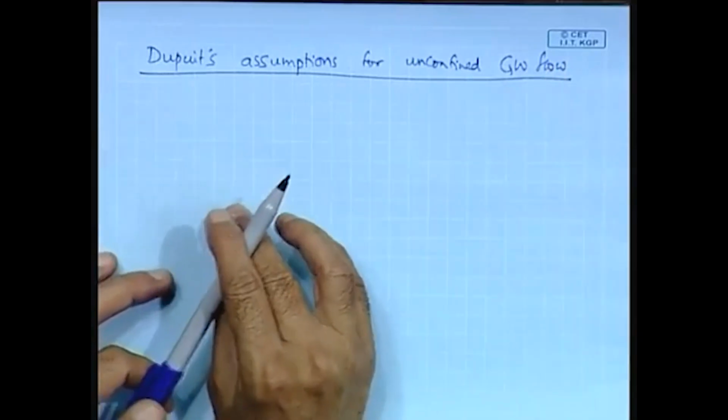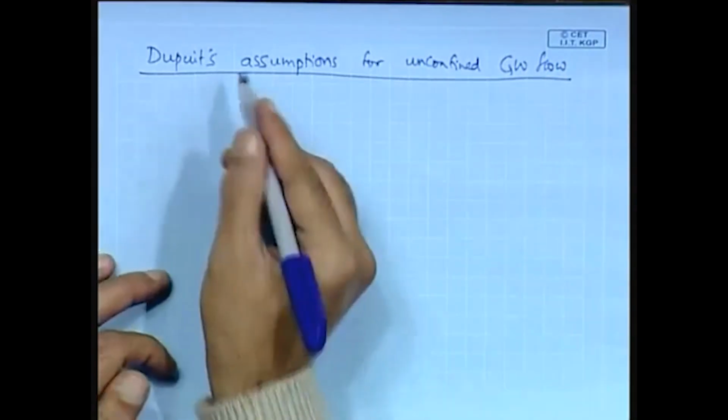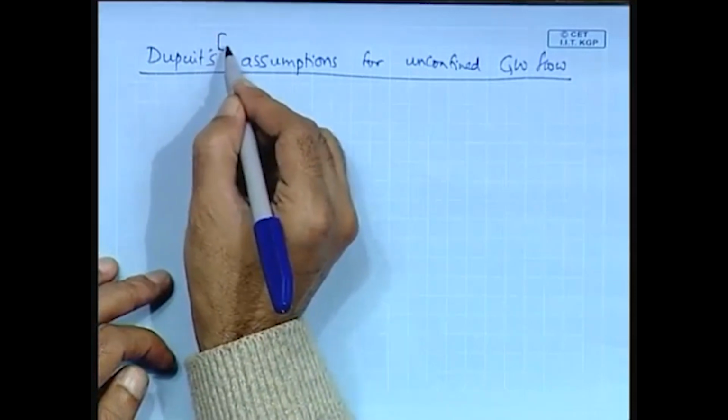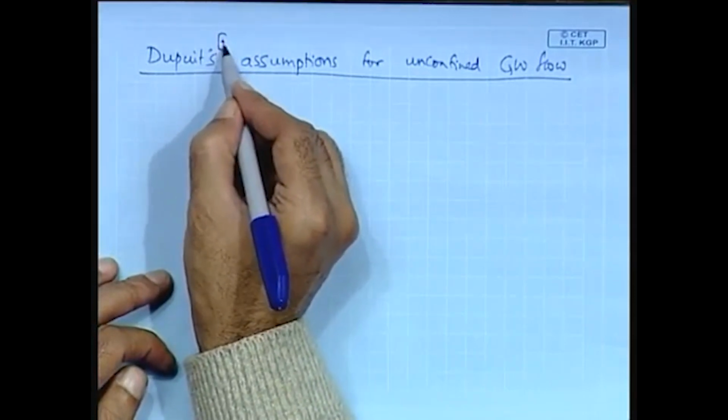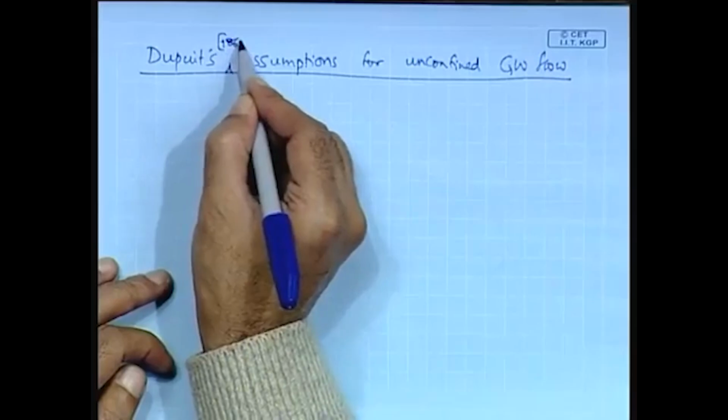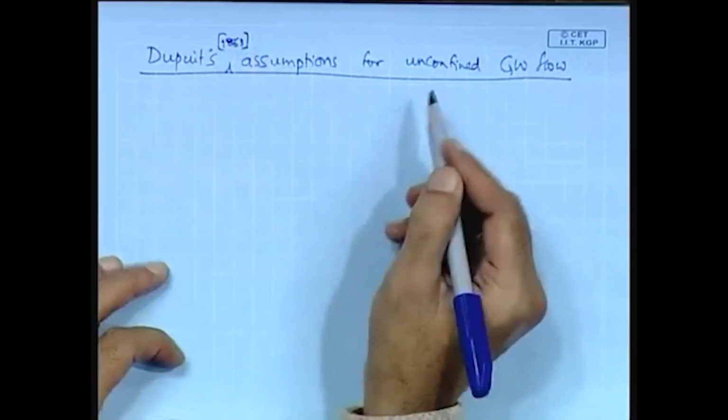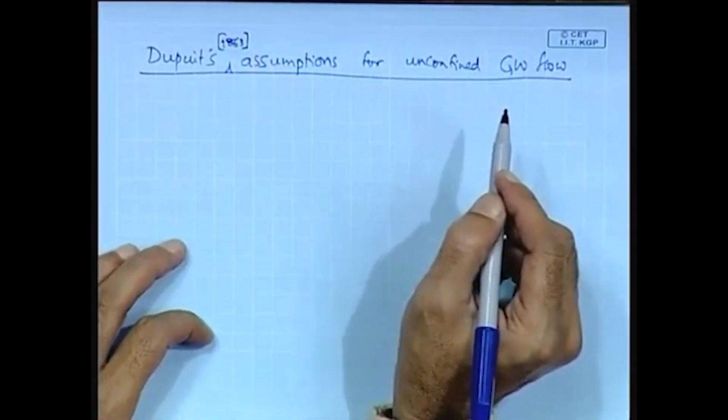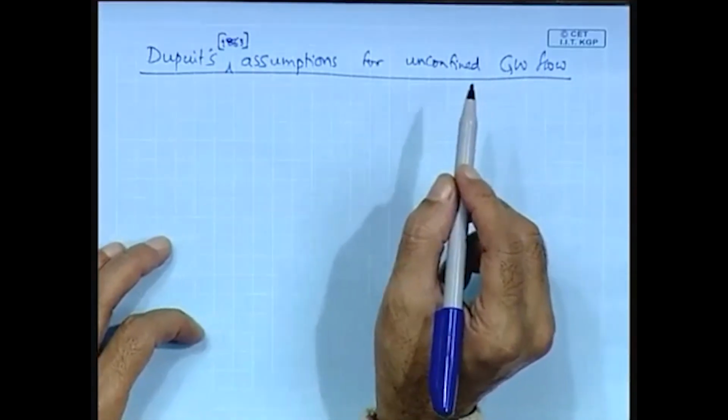So, in 1863, Dupuit, a hydraulic engineer, proposed two assumptions for the unconfined groundwater flow.